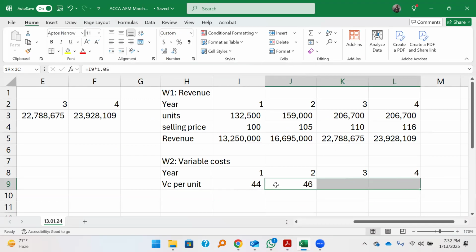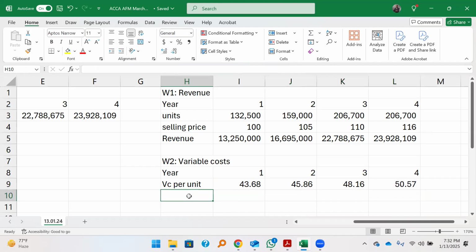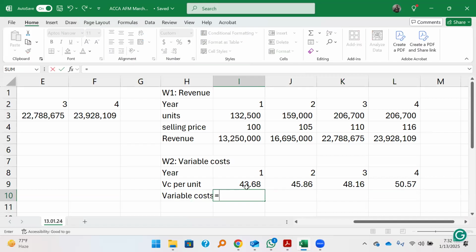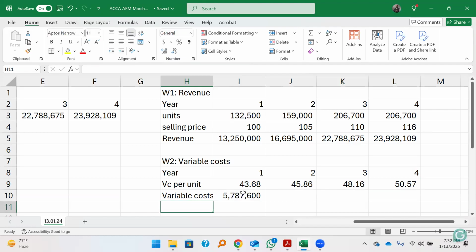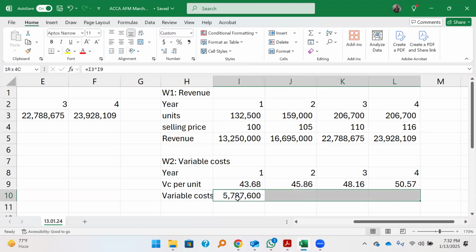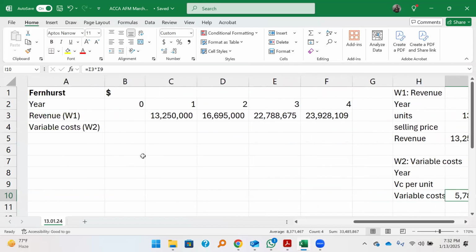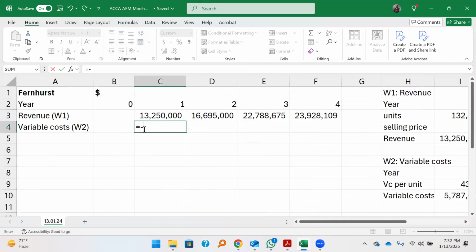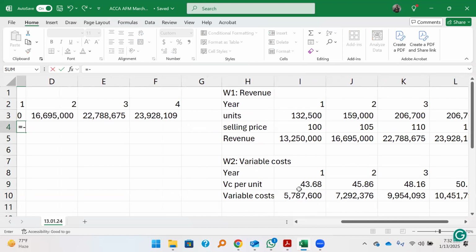Then you can drag this. Since they gave us decimal places, you can put two decimal places. Then you can have variable costs, which is the product of the units and the variable cost per unit. You can now bring them here as negatives because they are expenses.